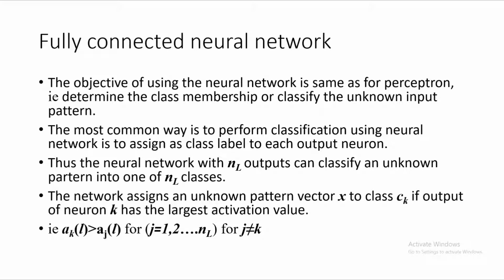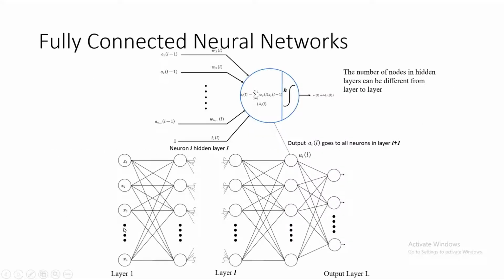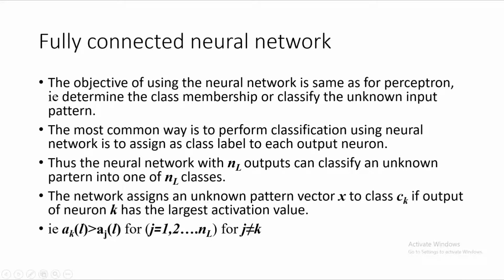That means, suppose I have got this k and I have got different neurons, like here we can see the different output neurons, and if a_k^L is greater than a_j^L for j ranging from 1 to N_L, which is the total number of neurons in the output layer, and j not equal to k.